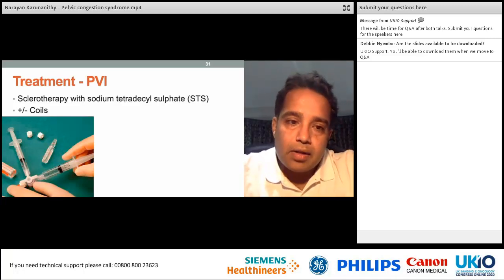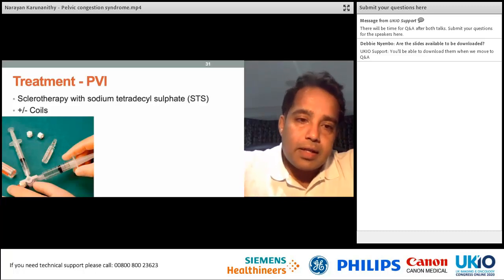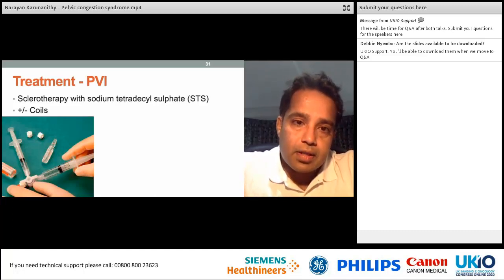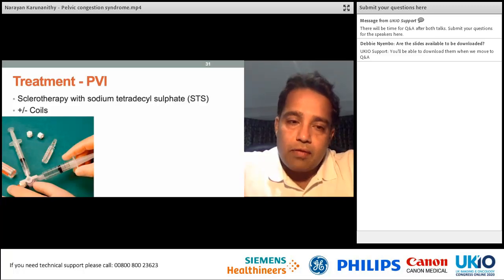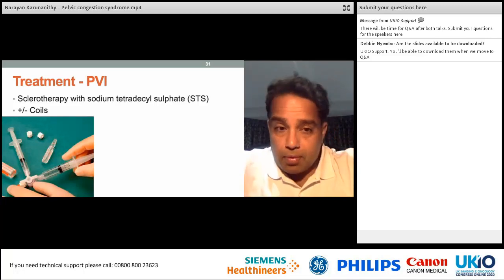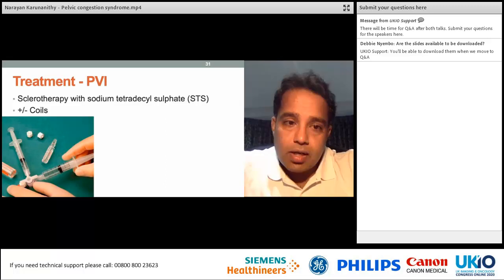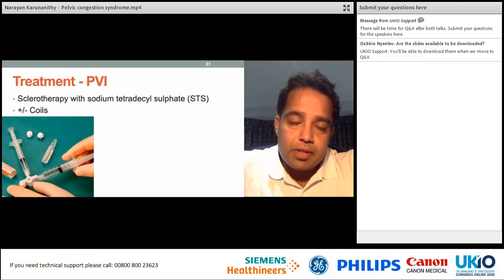In terms of preparing the liquid sclerosant agent, there is a very straightforward way of doing it. The sclerosant is the same that we use to treat varicose veins. It's called Fibrovein or sodium tetradecyl sulfate. It comes in a 2 ml vial.